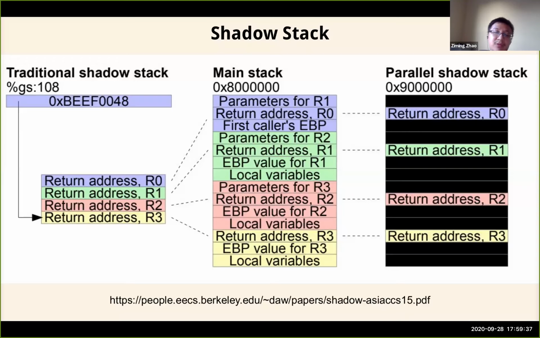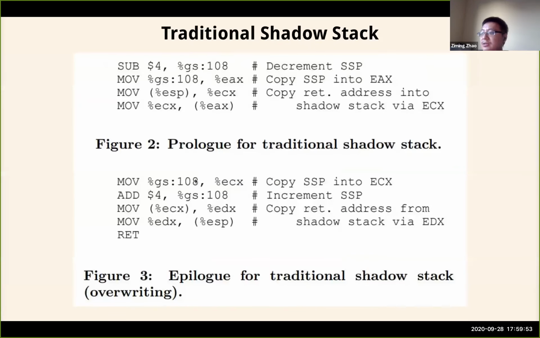Of course, to solve the last problem, in the worst case you just save everything on a shadow stack. The shadow stack will be the same as the main stack, but you can see the cost will be too high. It's not useful.